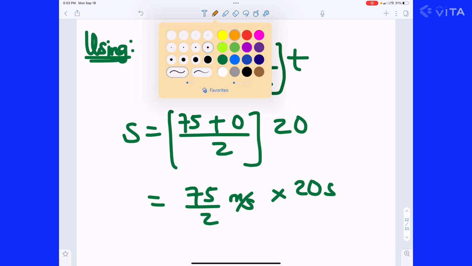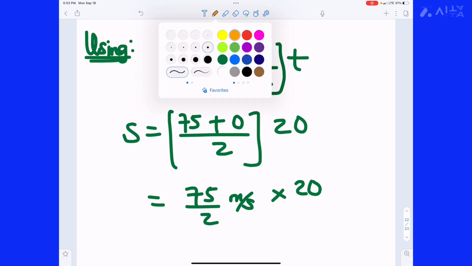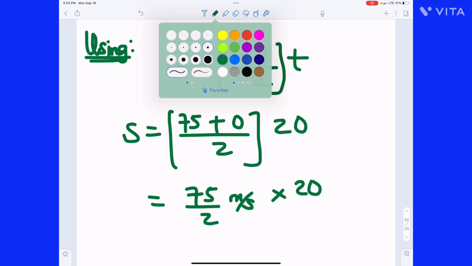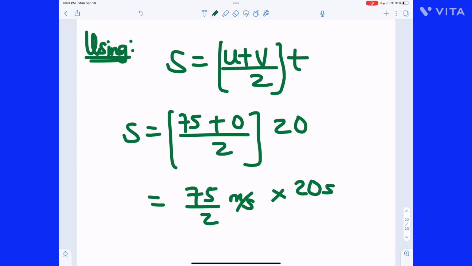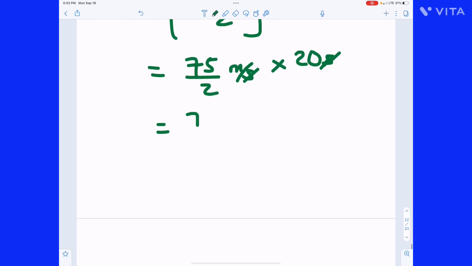Seconds will divide seconds. There's no second there again. So you'll be left with 75 over 2 times 20. This is in meters.